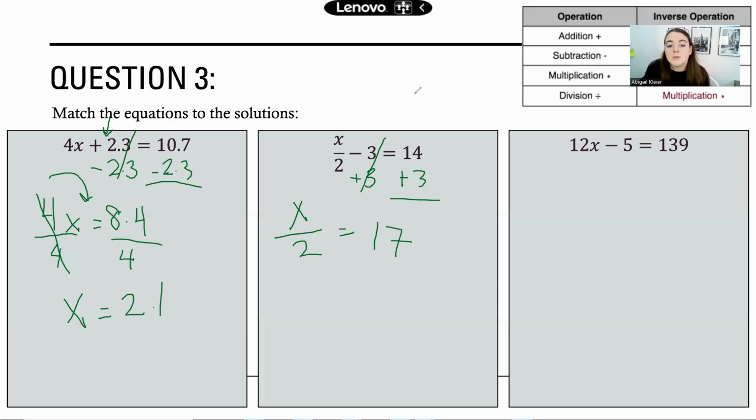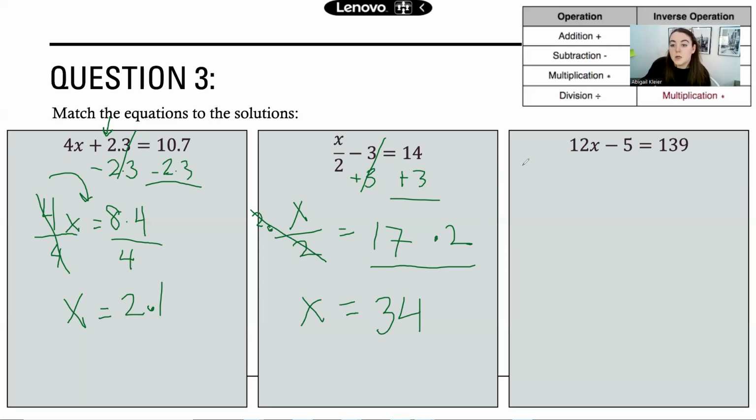How do I get rid of something that's being divided by 2? The opposite of division is multiplication, so I'm going to multiply both sides by 2. That'll cancel out and leave me with x equals 17 times 2. Again, keeping that balance, I multiplied one side by 2, so I have to multiply the other. 17 times 2 is 34.